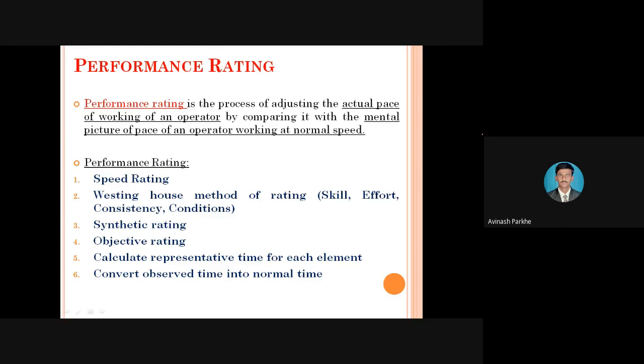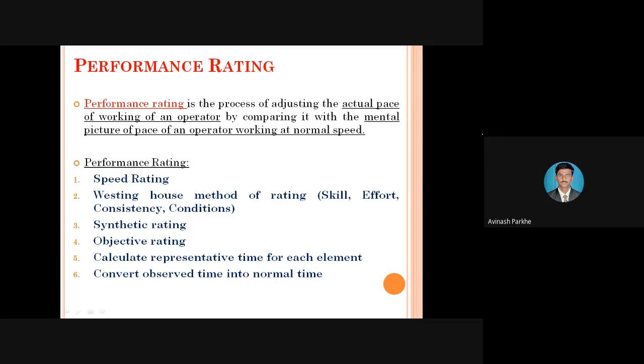Sometimes work is assigned to a worker, and along with that work, the time is also assigned. That means you have to complete this particular task within 1 hour. So we are measuring whether that operator is completing his task in 1 hour or not.